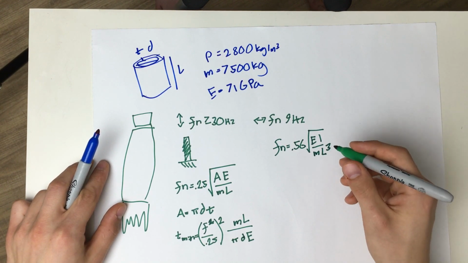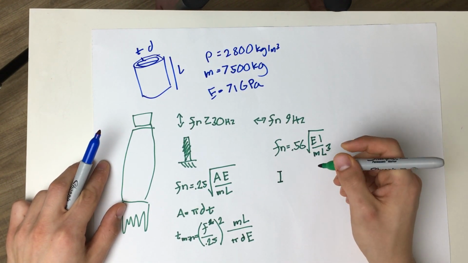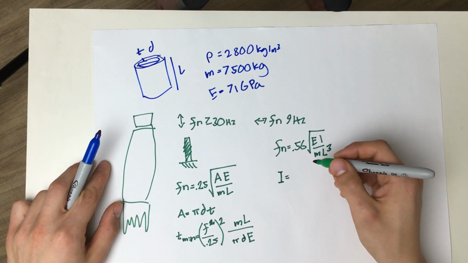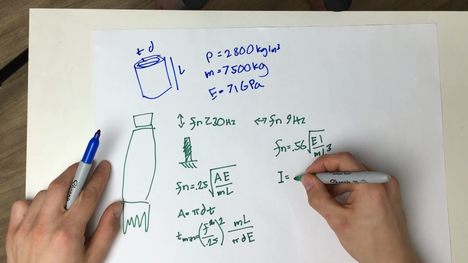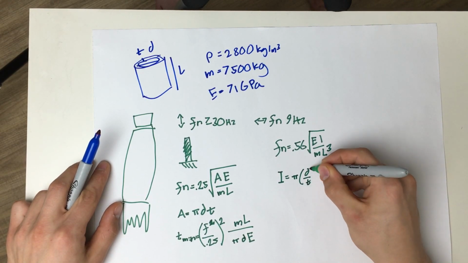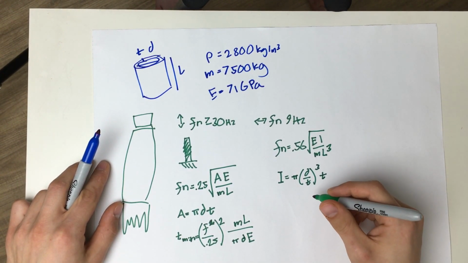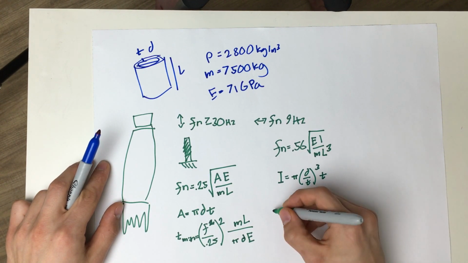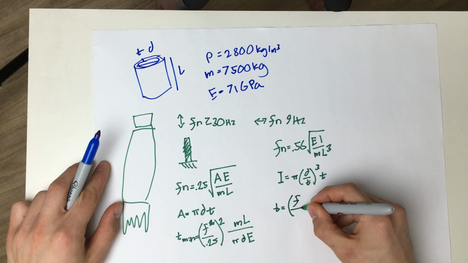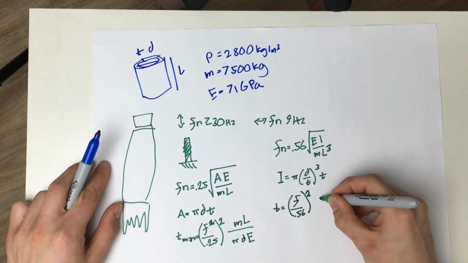And by substituting in the moment of inertia, or the moment of area, for a circle, which is pi times the radius cubed times t, and rearranging all of these terms, we get this squared.